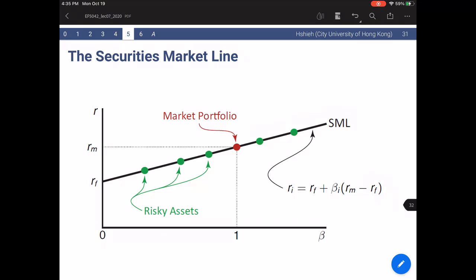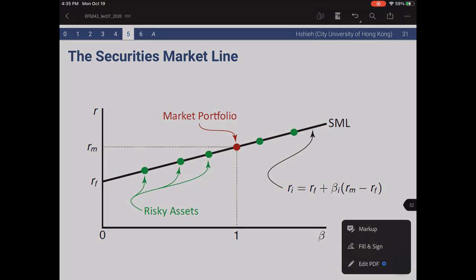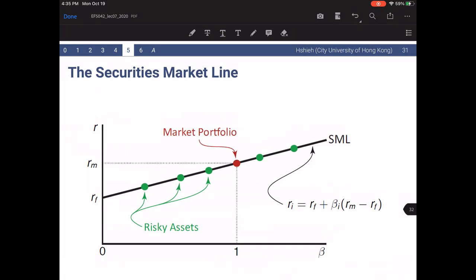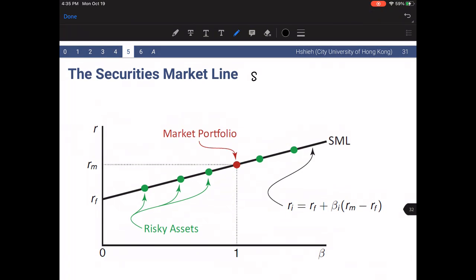The security markets line, on the other hand, is representing something else. It's representing CAPM. Let me emphasize that by writing this here: SML is representing CAPM. It is not to be confused with CML.